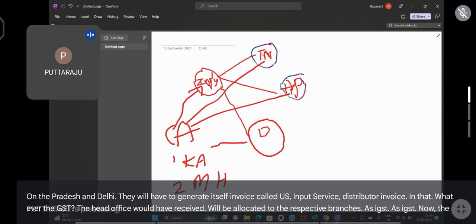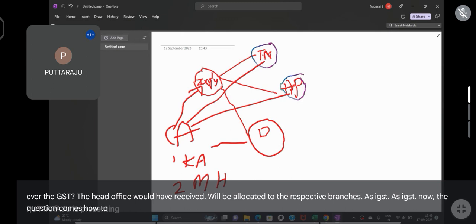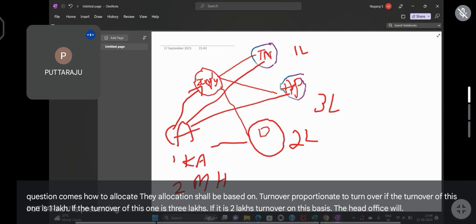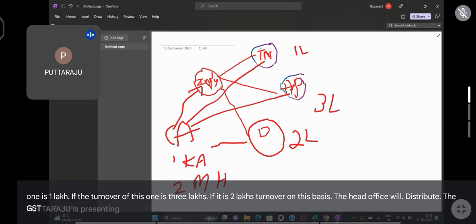Now the question comes, how to allocate? The allocation shall be based on turnover, proportionate to turnover. If the turnover of this one is 1 lakh, of this one is 3 lakhs, and of this one 2 lakhs, on this basis, the head office will distribute the GST amount to the respective branches.